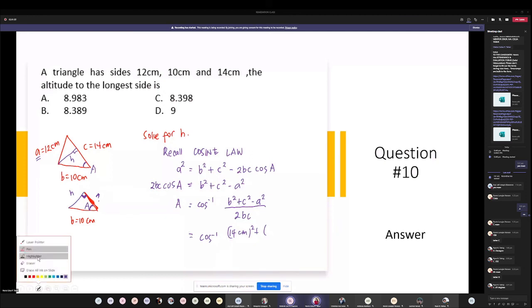We should be consistent with the variable so that we can interchange them because it's addition, but so as not to be confused with the solution. So 10 cm squared, then plus 14 cm, then minus 12 cm quantity squared. And then we have all over 2 times 10 cm times 14 cm.